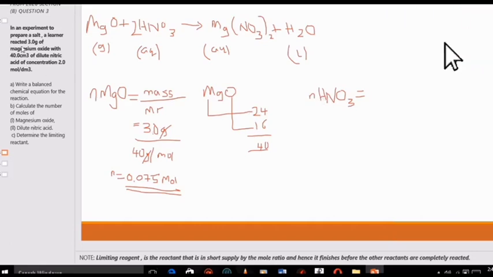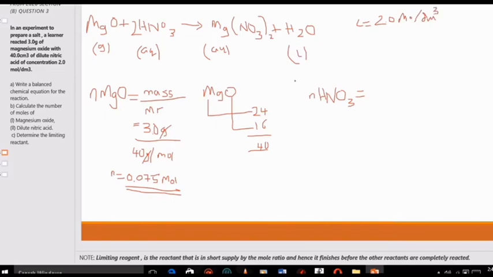If we check the experiment there, let's just write the data here. We've been given the concentration, which is 2.0 mole per cubic decimeter.